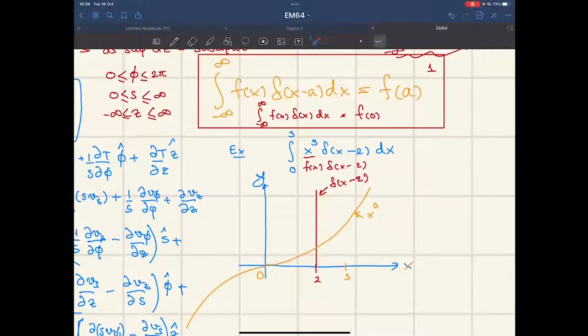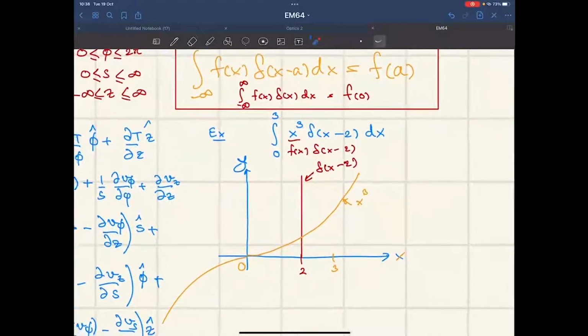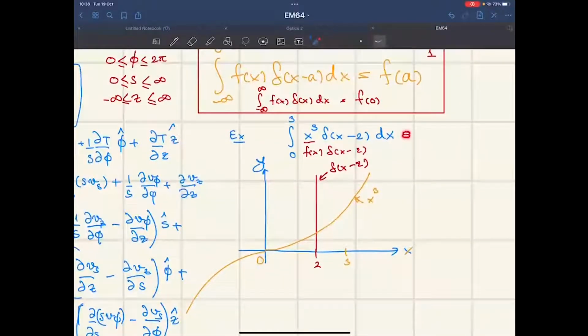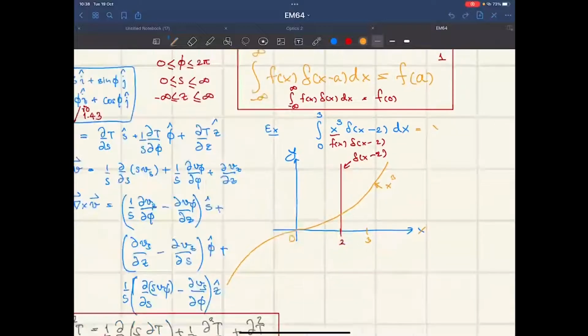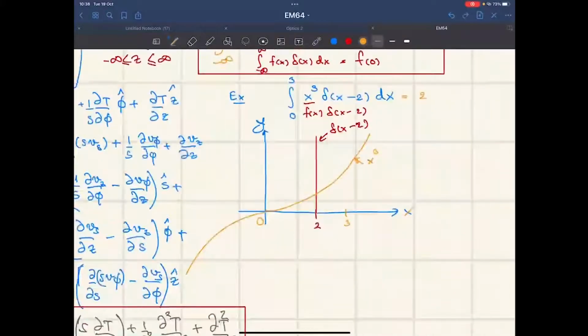It's really simple, right? Our solution is equal to 2 to the third, which is 8. Really simple.